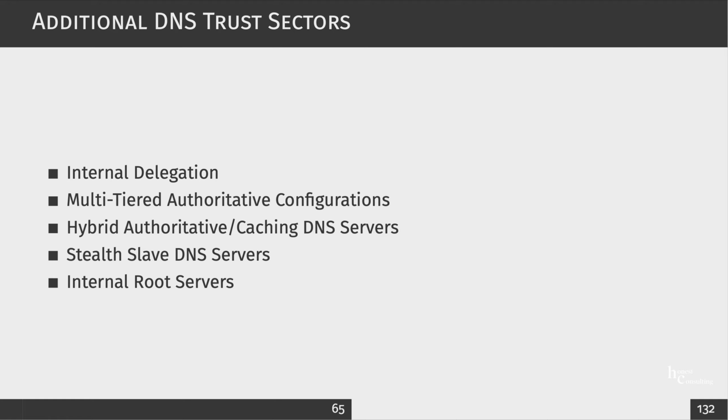And in some cases, it could make sense to install internal root servers. That means that no external DNS resolution is possible at all. But if you need some external resolution because you would like to use some kind of service from somebody, then you have to add the top level domain and the second level domain manually to your internal root systems.